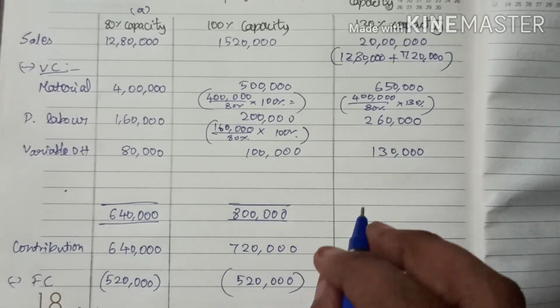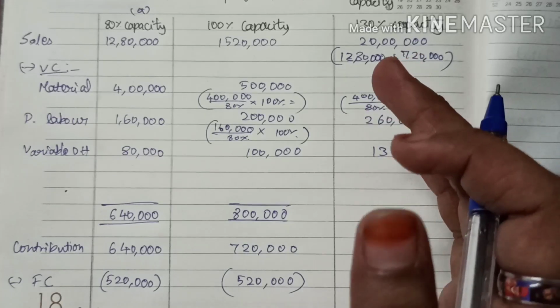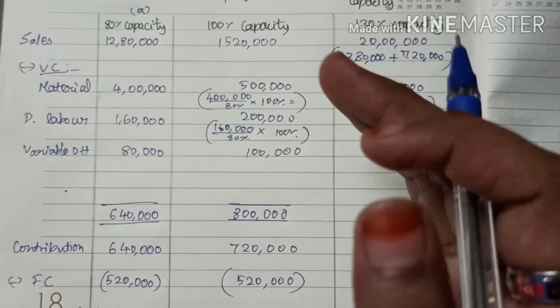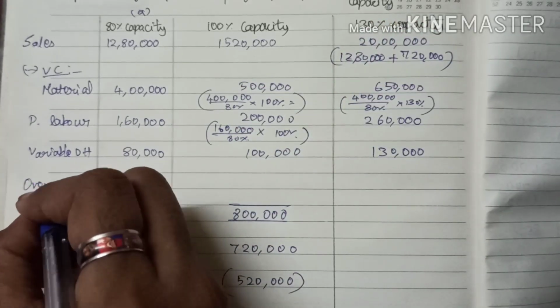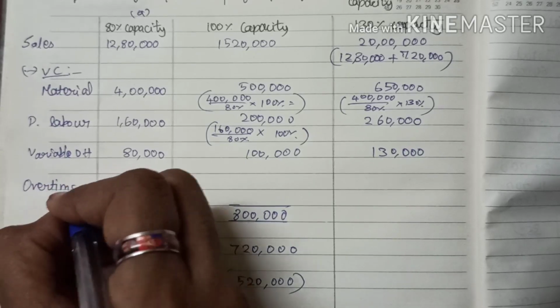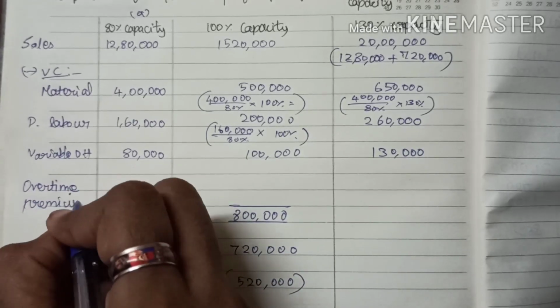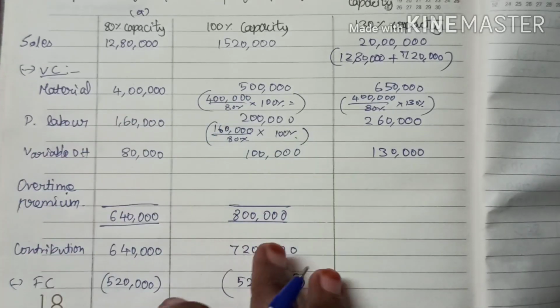For this they have given that overtime premium, that is 0.5 times it increased. So we have to add overtime premium also for 130 percentage capacity. For that we need some calculations. Let us do.